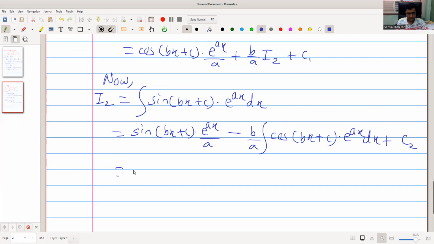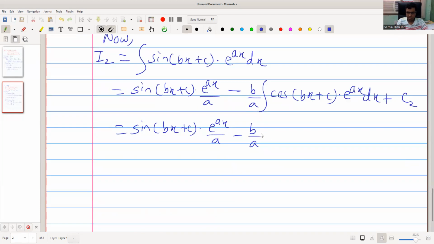Now this is nothing but sine bx plus c into e raised to ax upon a minus b upon a, and this is nothing but I1. So this is I1. Okay. Now we substitute the value of I1.